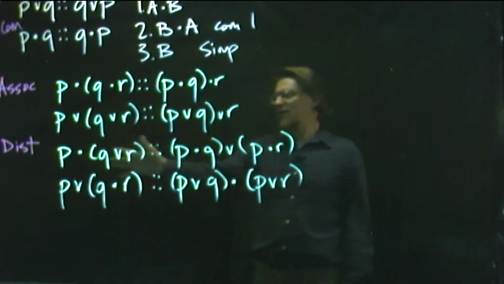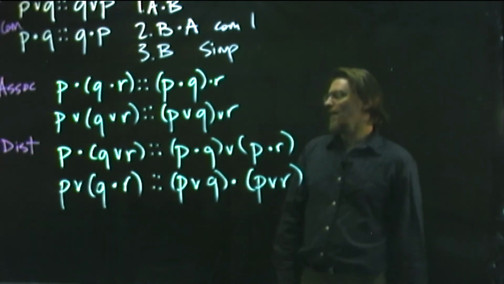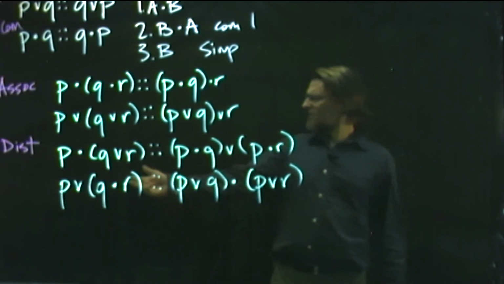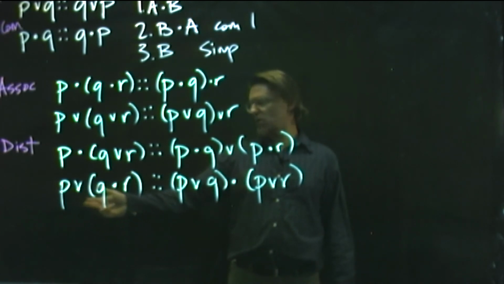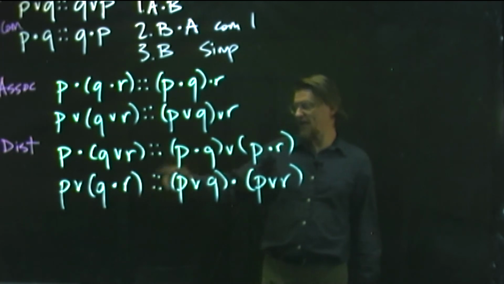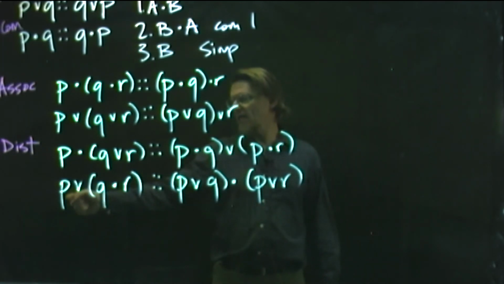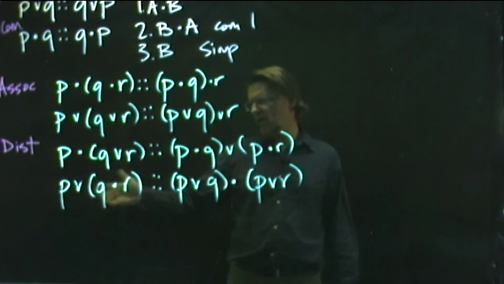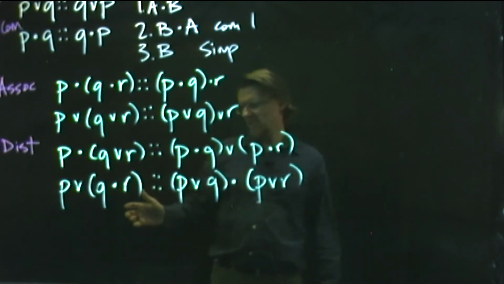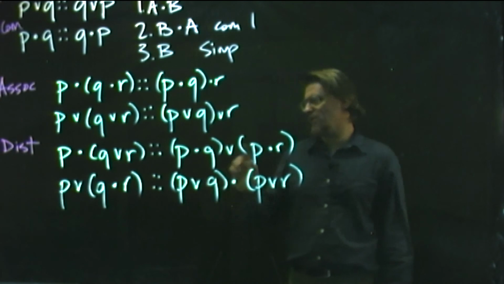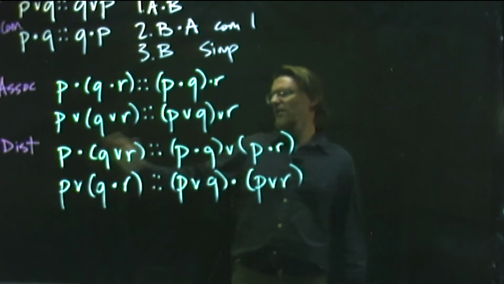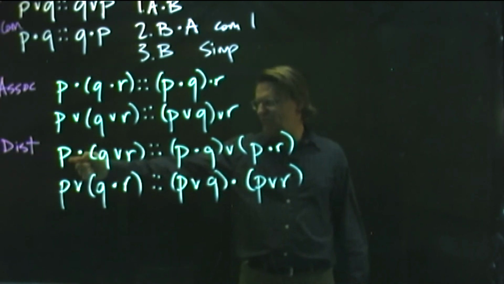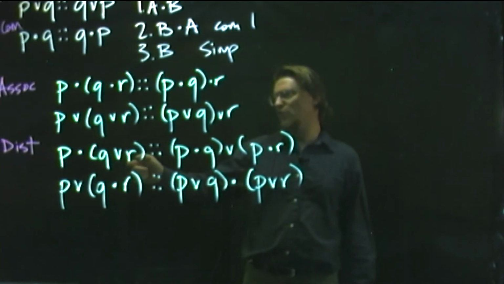Now, how can I explain how distribution works? I could start at the bottom one, actually, with the lunch example. Let's say I told you I had in my bag for lunch today an apple or a banana and an orange. Actually, I don't want to use the lunch example on that one. That's a little bit complicated. I'll come back to that one. I'll say I told you I have an apple and a banana or an orange.